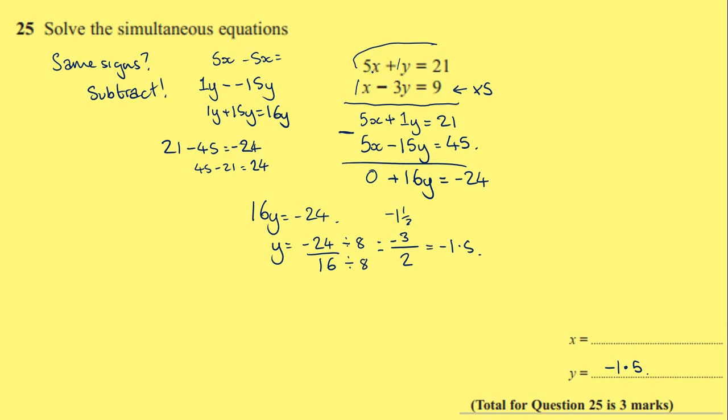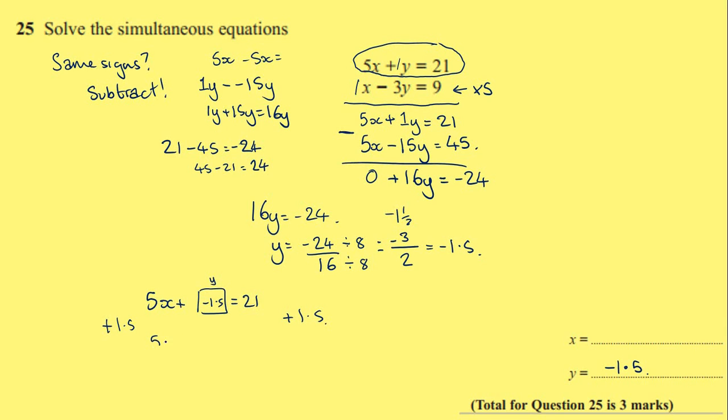Now, if 5x plus 1y, whatever y is there, equals 21, and y equals negative 1.5, we should be able to solve this. Well, I'm going to add 1.5 onto each side.